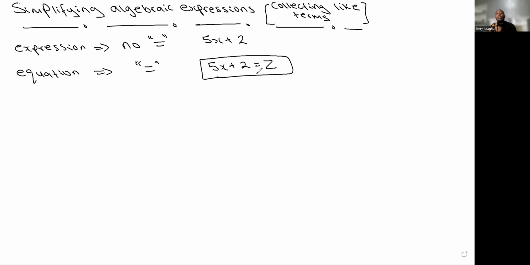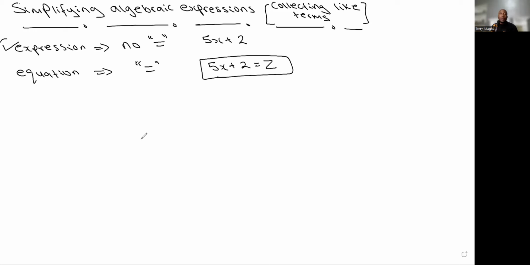The second one is an equation because we have an equal to sign. So we're talking about an expression today. Down the line, in later videos in this series, I'm going to talk about how you solve an algebraic equation.